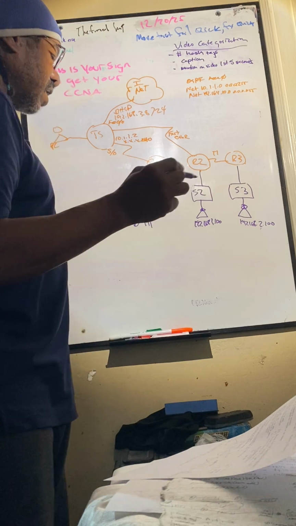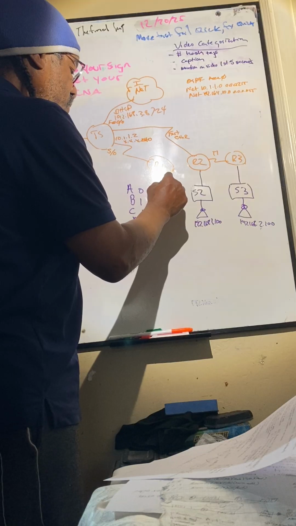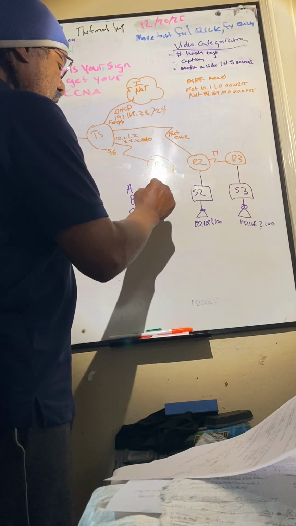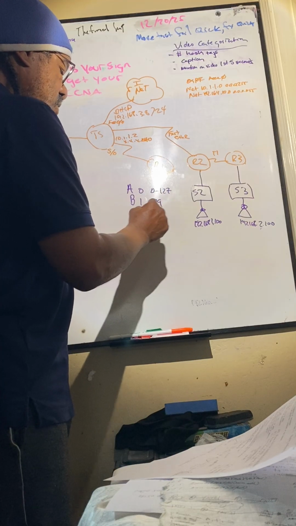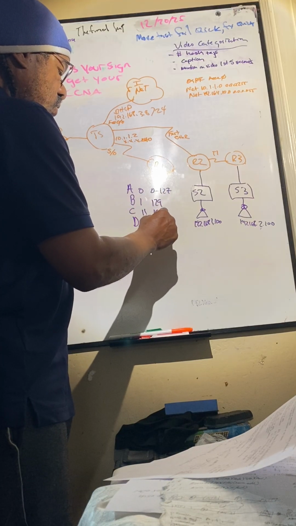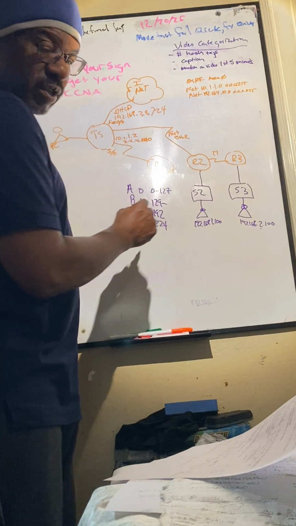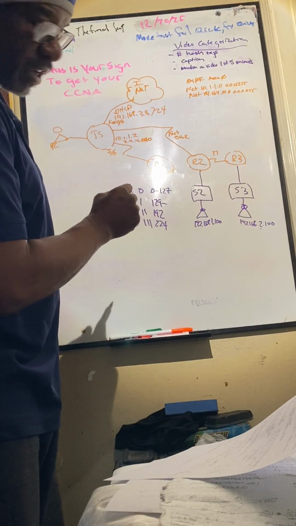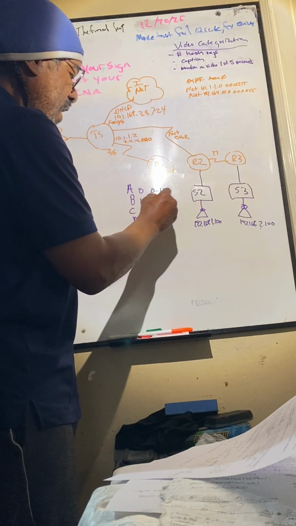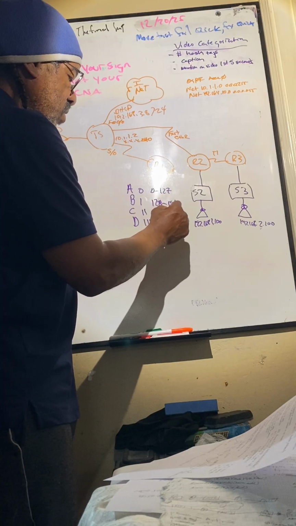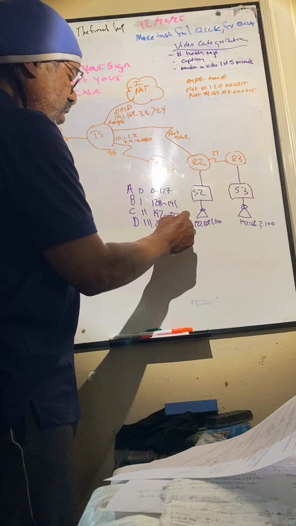So that lets me know that class A is going to live between 0 and 127, then 128 to 191, 192 to 223, and 224 and above.